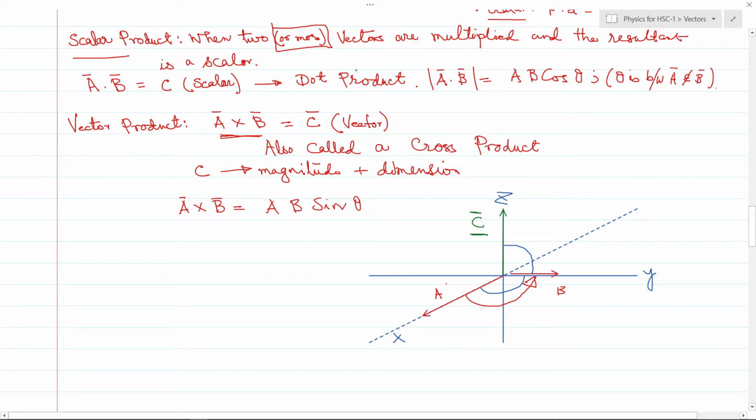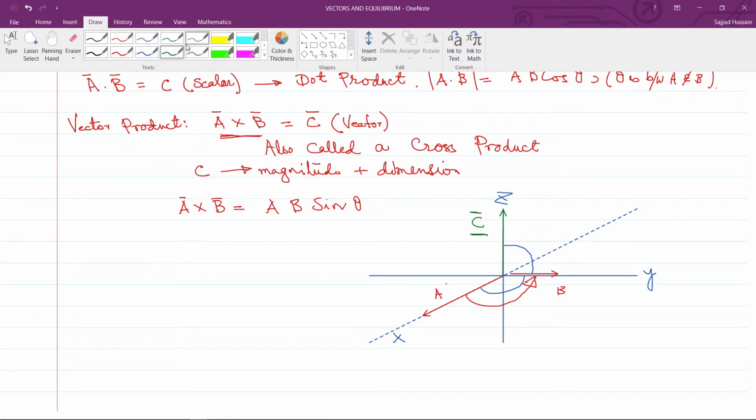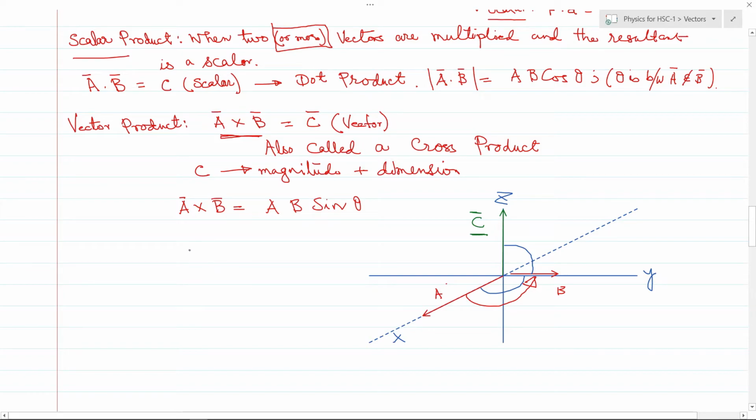So if we apply this formula over here, let us see what is the result. Vector A cross vector B is equals to magnitude of A into magnitude of B into sine theta.